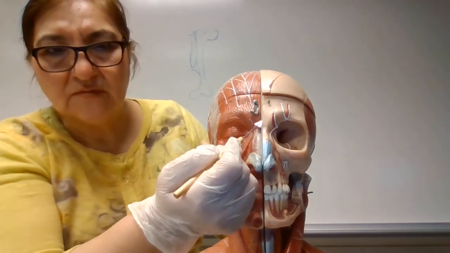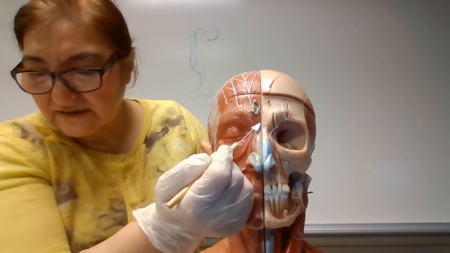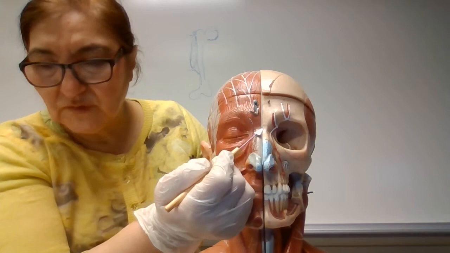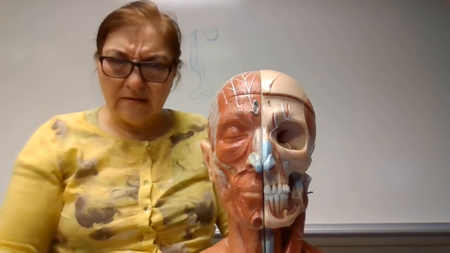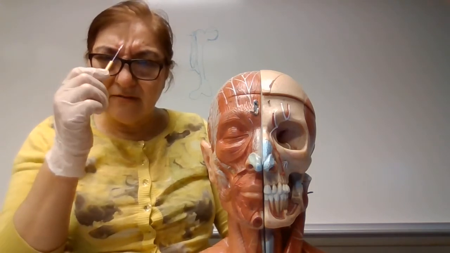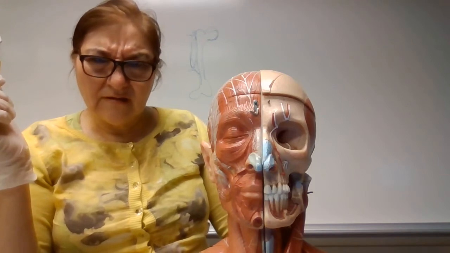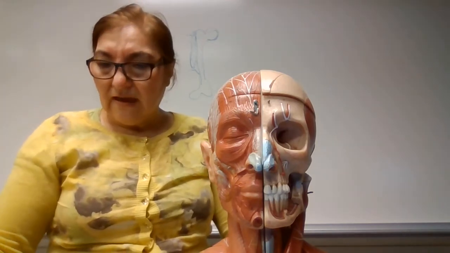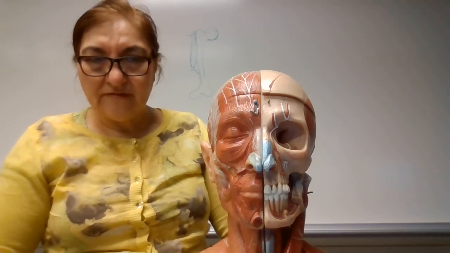The action is to draw the eyebrows downward, like when you shade your eyes when it's sunny. You can see what that muscle is doing for you. The nerve is the facial nerve, nerve 7.